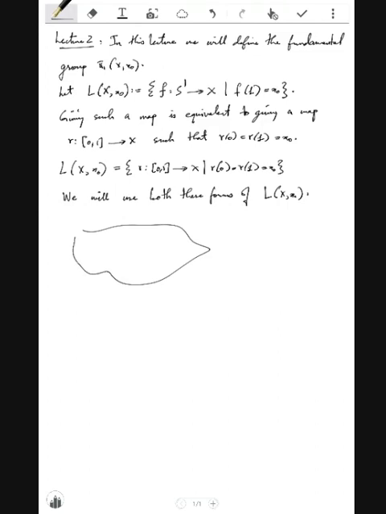So basically, if you look, if there's X and there's x0, then L x x0 is the set of all loops for x0. So we want to define an equivalence relation on L x x0.